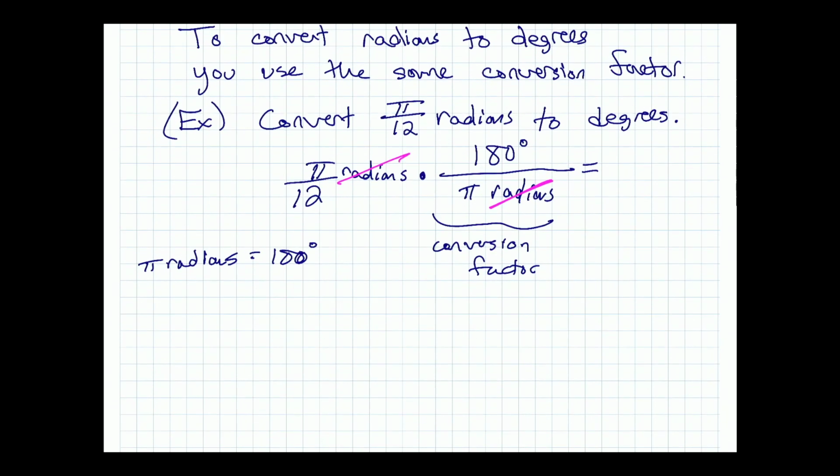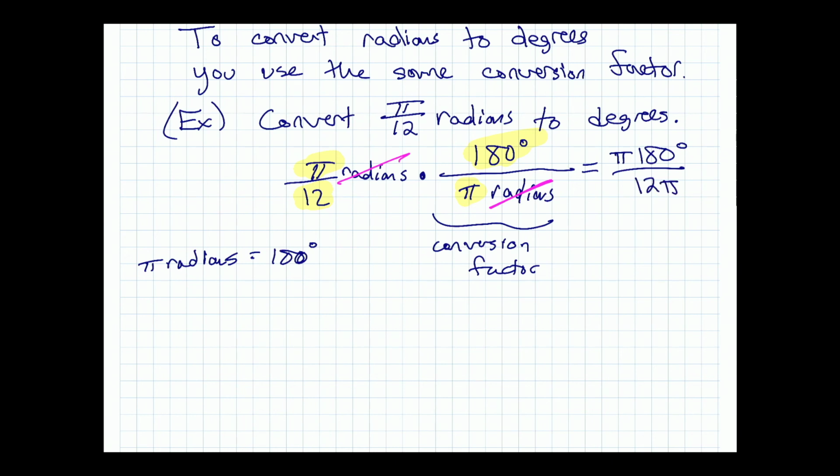So what are we going to get when we multiply this? We're going to get pi times 180 degrees on top. And then on the bottom, we've got the 12 and the pi.